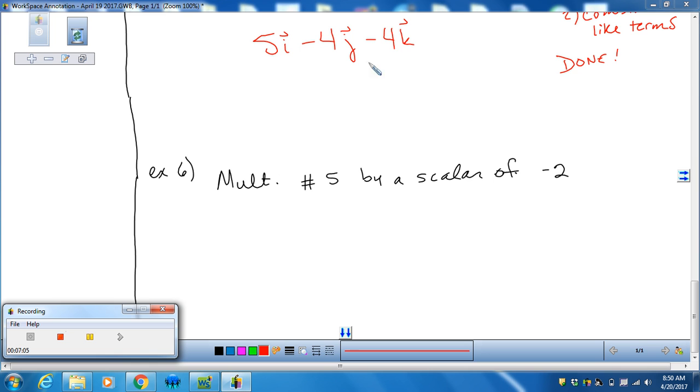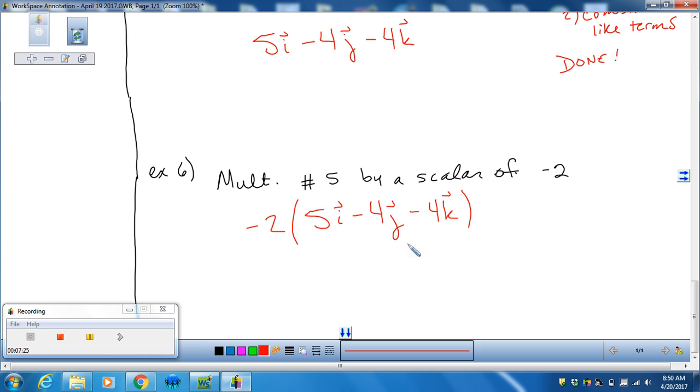Last thing I'm going to do is multiply my answer to example 5 by a scalar of negative 2. So negative 2 times 5i minus 4j minus 4k, keeping that vector in parentheses. My first step is going to be to distribute the negative 2 through my whole vector.